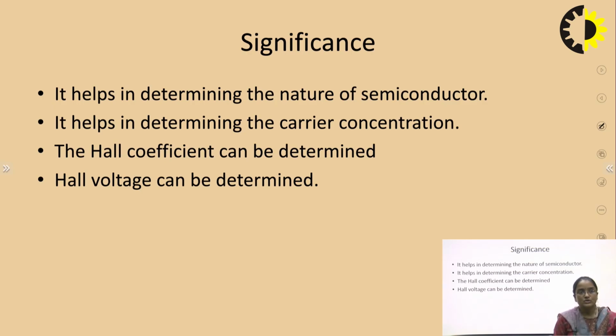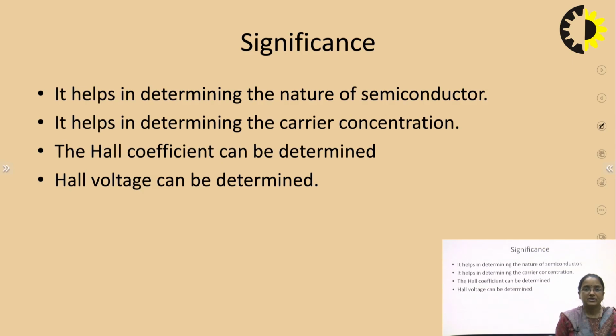That's why it is the most important topic, or the most important method, which is widely used in all semiconductor applications, in designing ICs. This effect is observed in almost all IC applications, because by using it we are able to calculate many parameters, determine the carrier concentration, and categorize which is n-type and p-type.